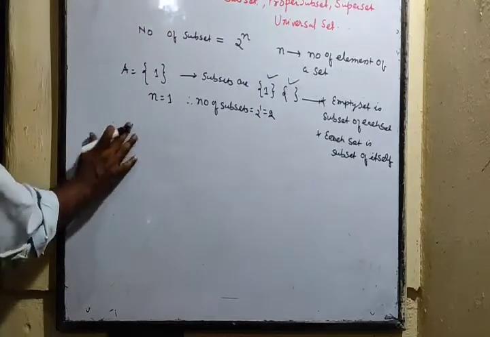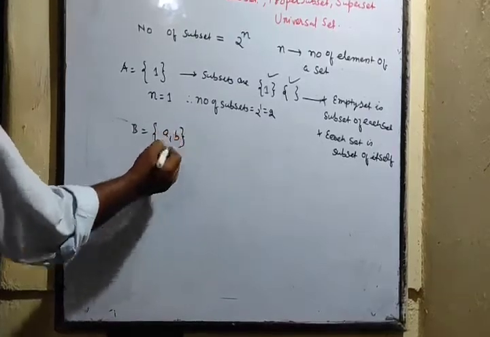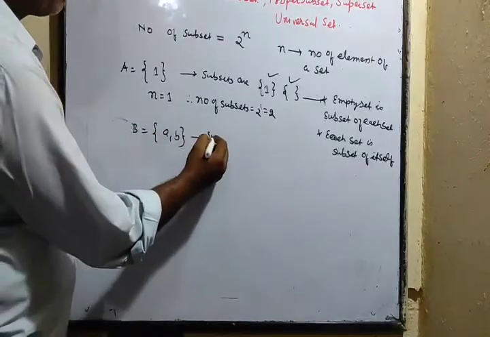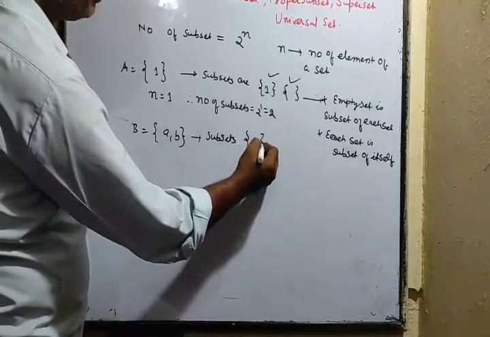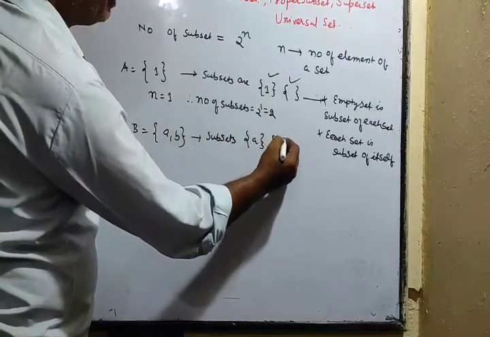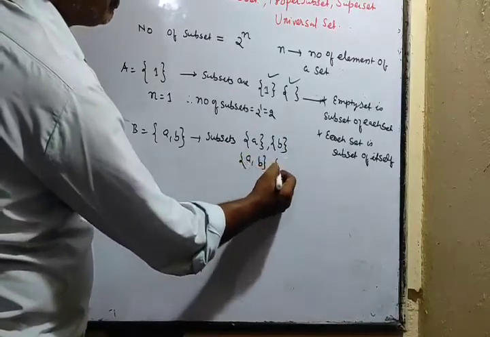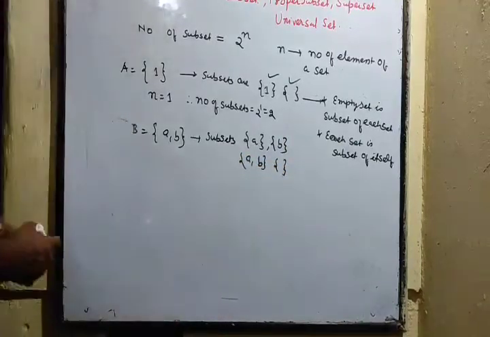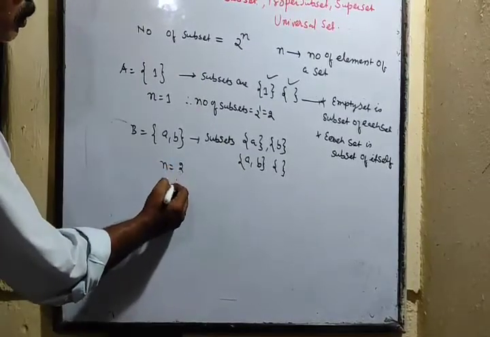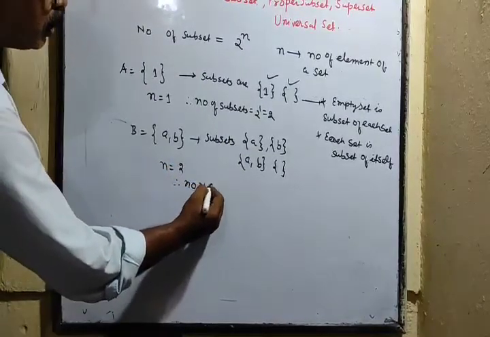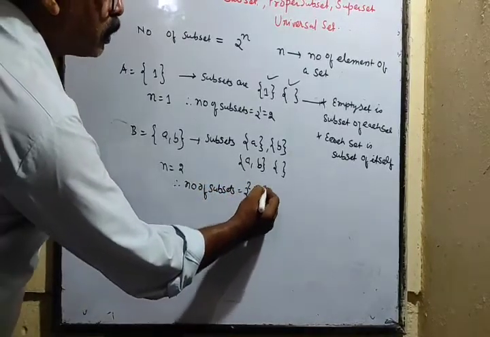See, another set B is given, a and b. If we have to find each subset, first will be {a}, second will be {b}, third will be {a, b}, and the empty set. So how many subsets are there? 4. You see here, number of elements is 2, hence number of subsets will be 2 power 2, that is equal to 4.